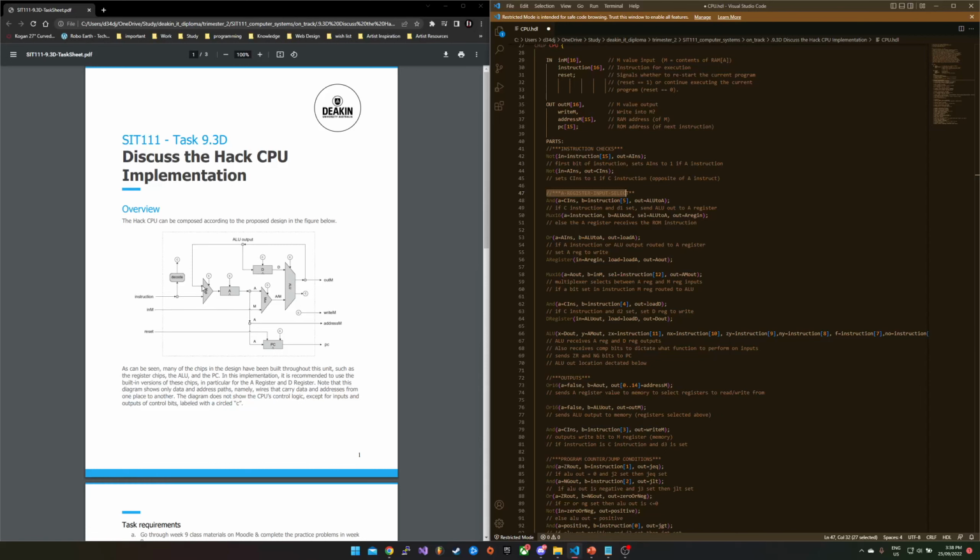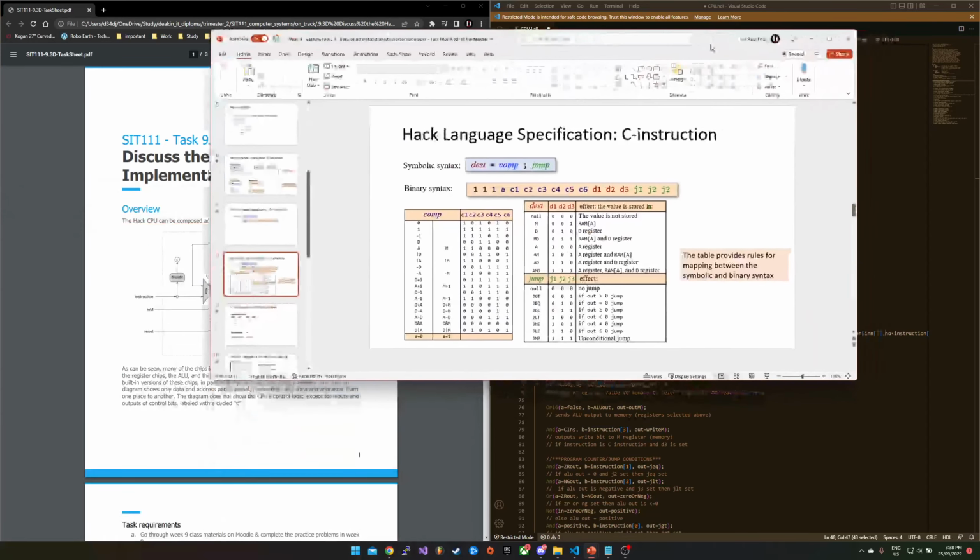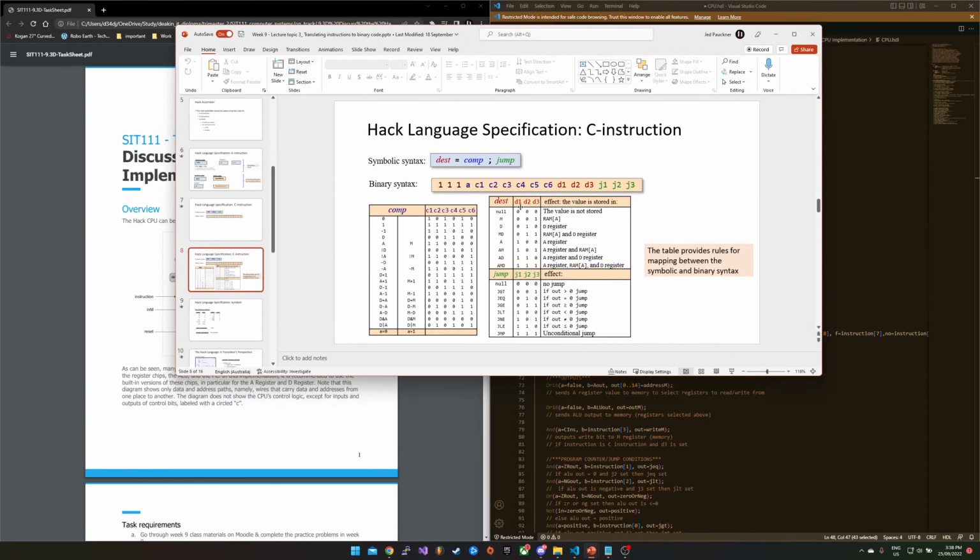We can see a multiplexer just before it. What these next parts do is essentially select between the ROM instruction or the ALU output to determine what enters that A register. And so this AND gate here beforehand is basically saying if the instruction is a C instruction, and if the D1 bit is set, which I can show you here, remembering that D1 determines if the destination of the C instruction goes to the A register.